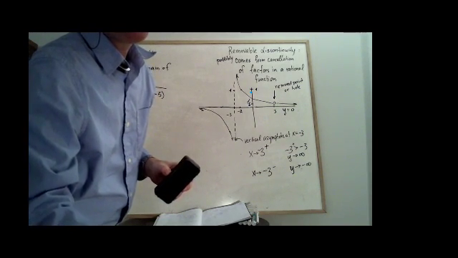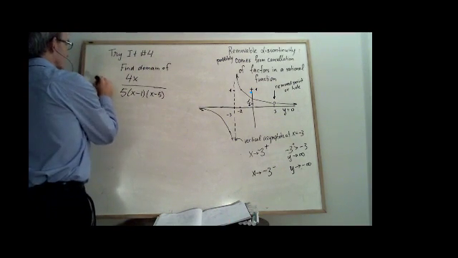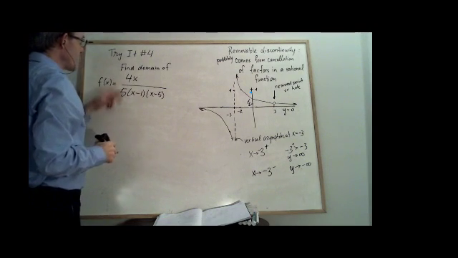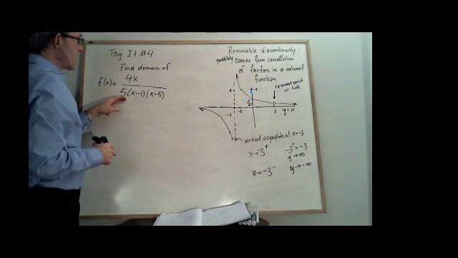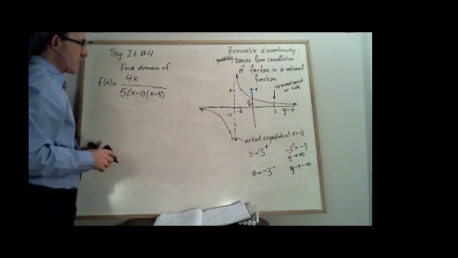So now the rational function here is fortunately already in factored form in both numerator and denominator. So it makes it easier for us to find the domain as well as a number of other features.